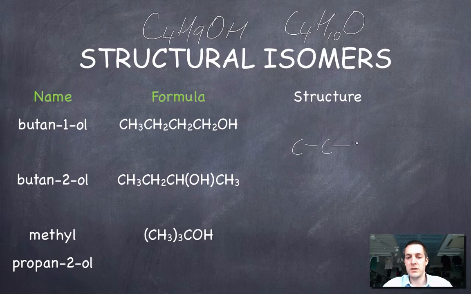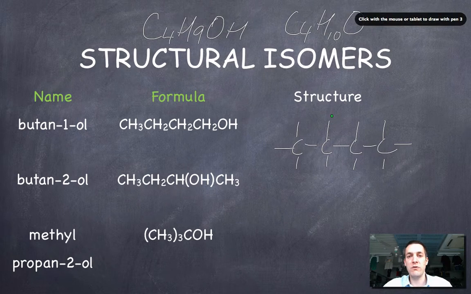So if I draw myself a 4-carbon chain, that's why these 2 are called butanol, because their longest chain is 4. And if I then put in all the bonds that the carbons can have, what we'll see, hopefully, just like before when we were talking about branches on a chain, is that there's 2 different places that I could put my alcohol group.